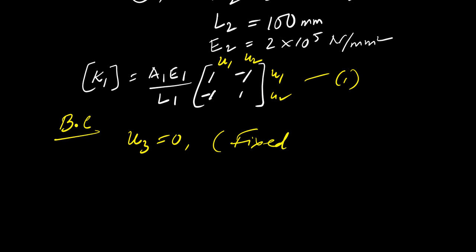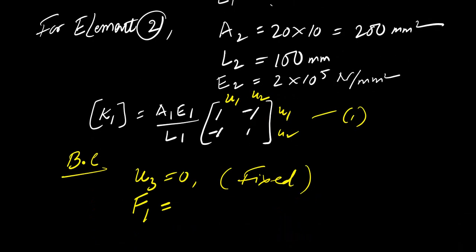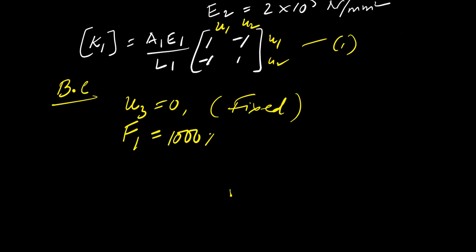And next, the value of load. The load is applied at node 1, and it is 1000 Newton. So these two are the boundary conditions. Apply these in the finite element equation, then you calculate the values of U1 and U2, with U3 equal to 0.